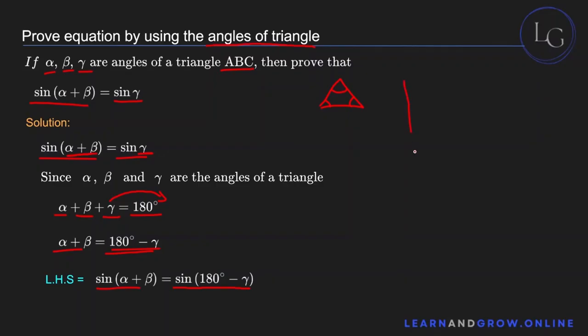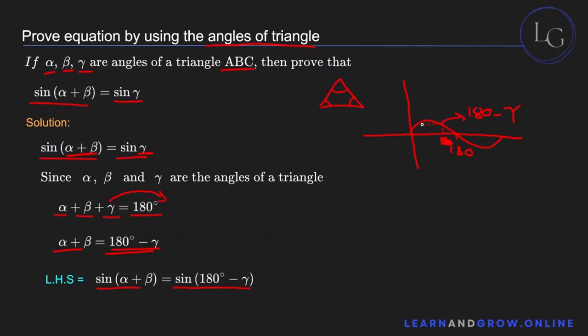Because again, if you draw the graph of the sine function, that looks something like this, right? So basically, if this is 180 degrees, and let's say 180 minus gamma is less than 180, obviously. So let's say that's somewhere around here, okay? So this is at 180 minus gamma, okay?